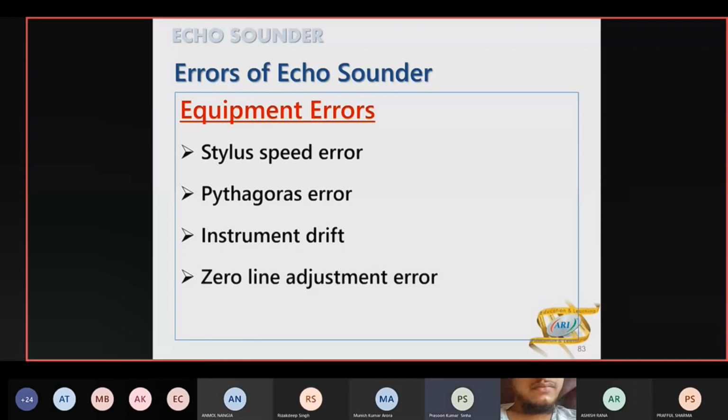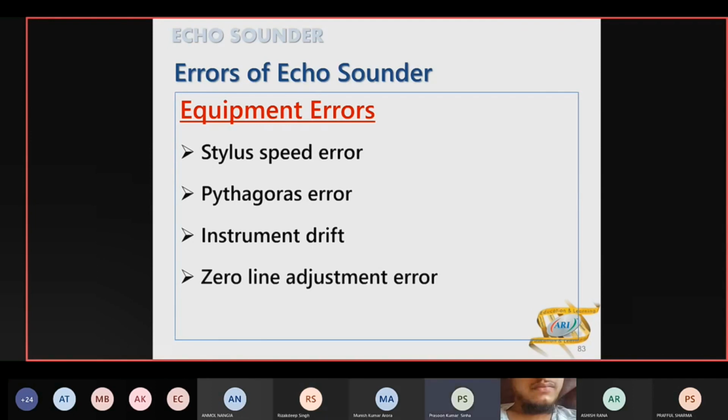Now, this error can happen due to many factors. One factor is the equipment itself, that your equipment is not working properly. Another problem can be the choice of the device, which transducer you have chosen, which recorder you have chosen, because of that.